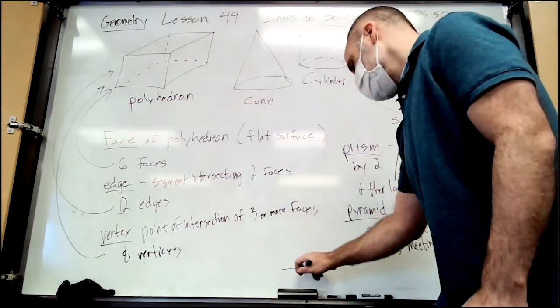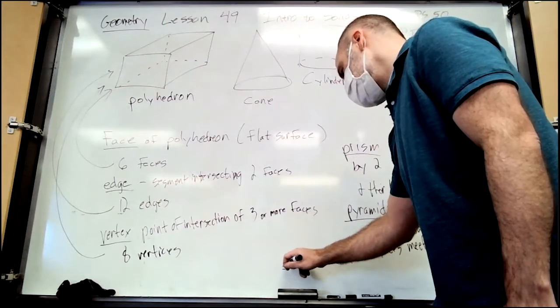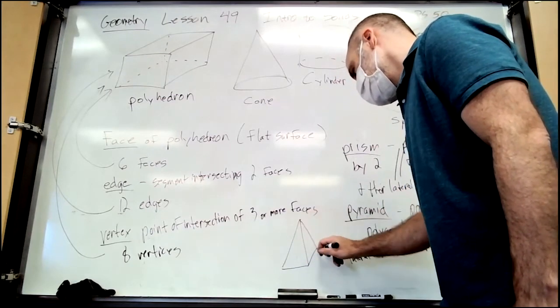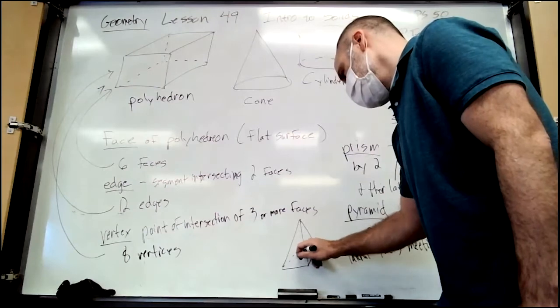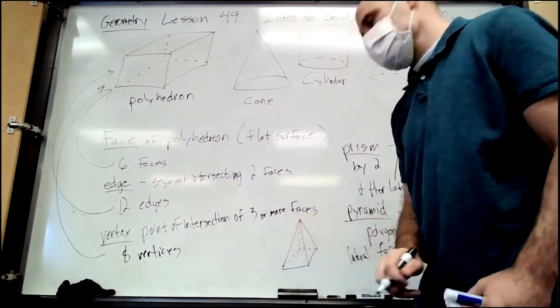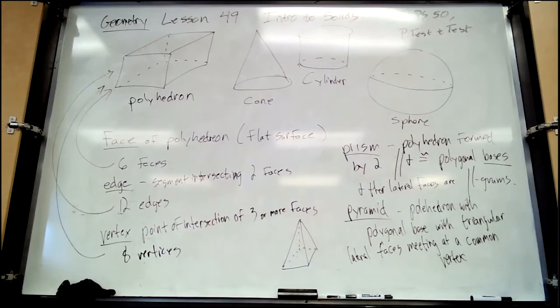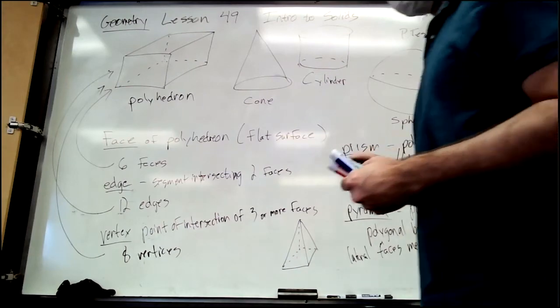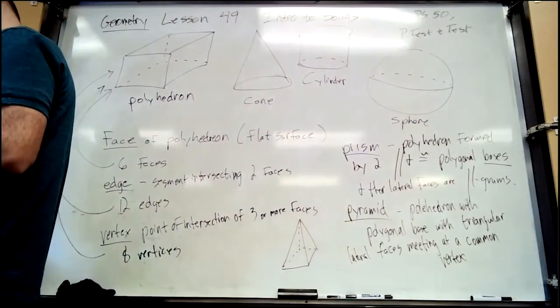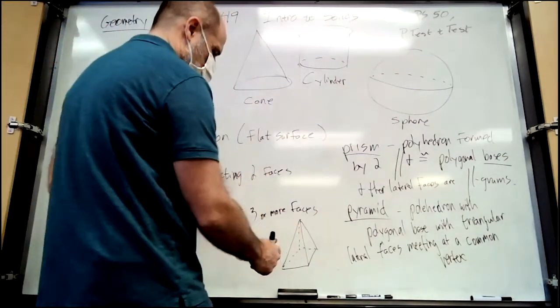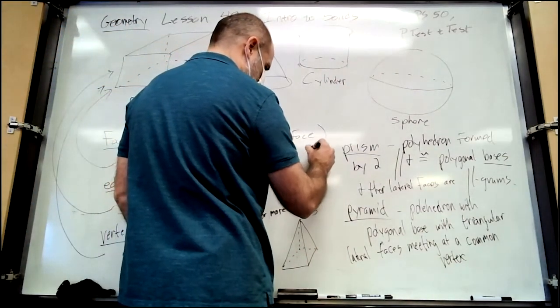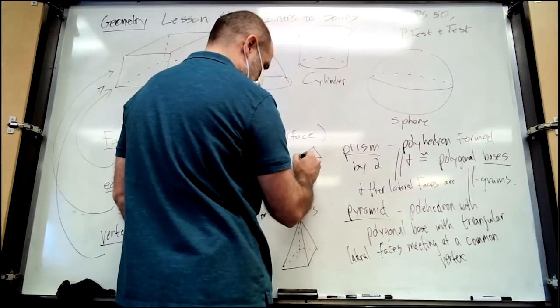Okay, so here's what we call a square pyramid. A square pyramid has a square base, and then all its lateral faces are triangular. So instead of a prism where all the lateral faces are parallelograms, in a pyramid, all the lateral faces are triangles. So this is an example of a pyramid. This would be an example of a prism.